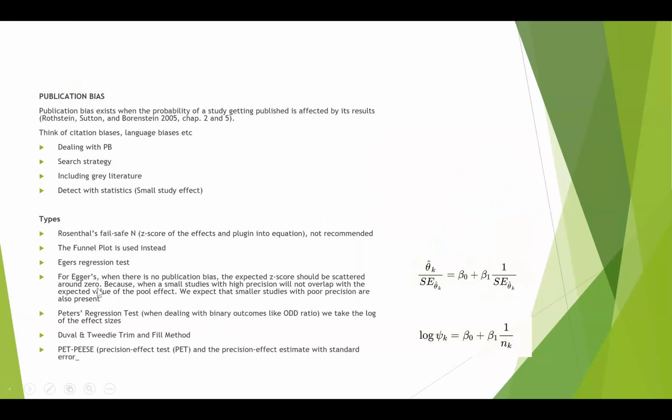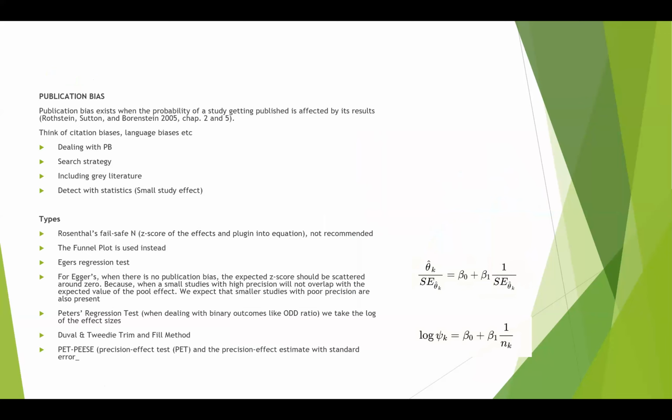Now, there are other approaches. I mentioned Rosenthal's fail-safe N test, which I'm saying should be discarded altogether. It's not necessary. The funnel plot, I have shown you how useful it is, but there are also other aspects like bias. Of course, how statistically significant is what my eye detects as extremely asymmetric?